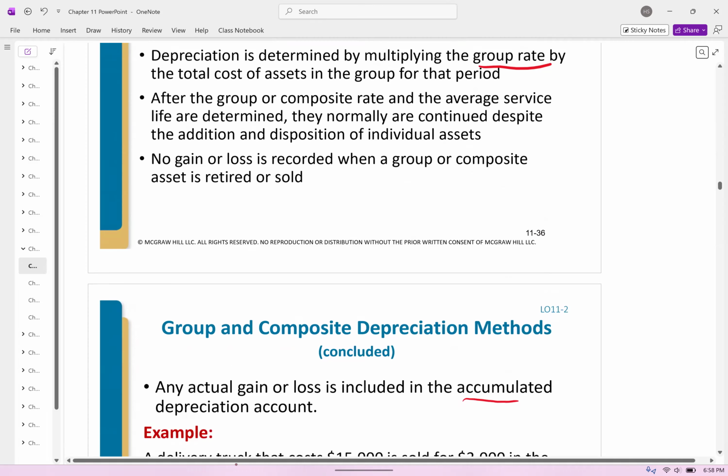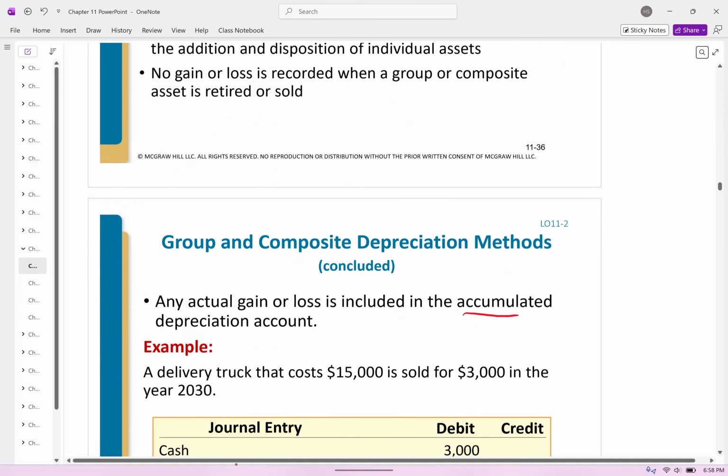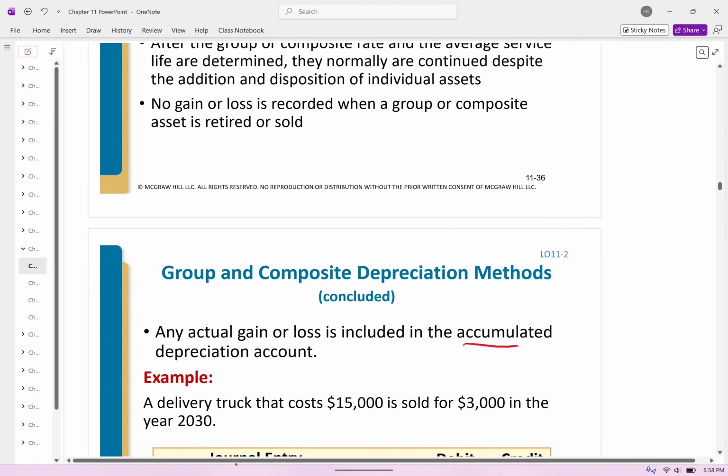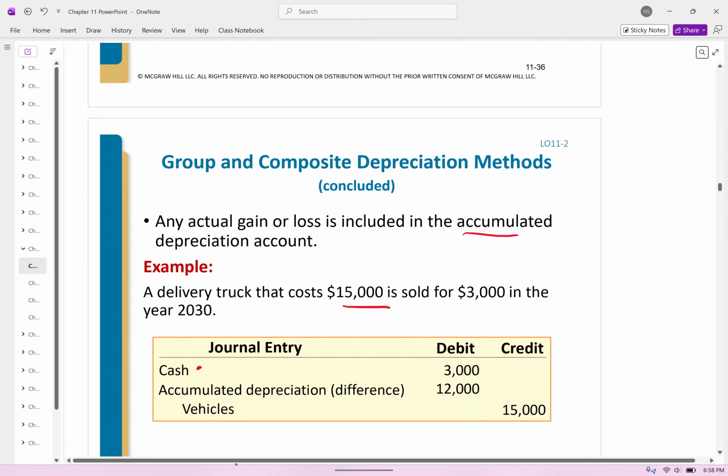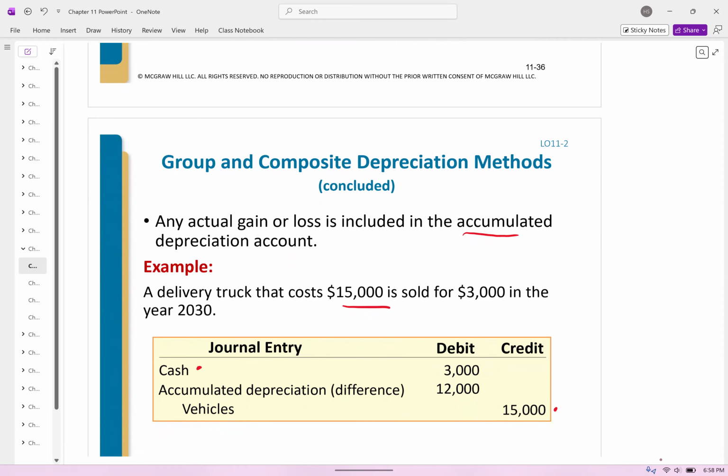So I think they give us an example here. They said they had a delivery truck that cost 15,000. They sold it for 3,000. You get your cash, 3,000. That's how much cash you're going to get. The cost of it was 15,000. They're just going to shove $12,000. They're just making the entry balance because they're doing group or composite depreciation and they don't have any gains or losses.